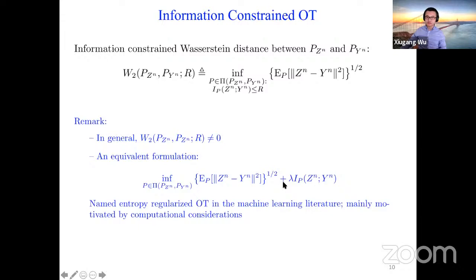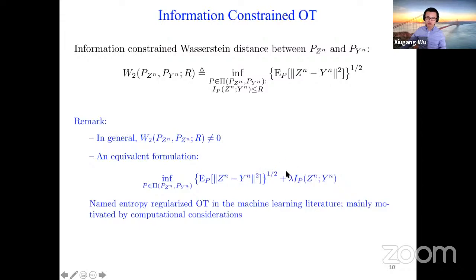The only difference is that now the objective function will be replaced by the expected cost, taking the square root of it, plus lambda times the mutual information between Zn and Yn. In other words, the difference between the constrained and unconstrained versions is that you replace the original expected cost with the so-called cost and mutual information Lagrangian.